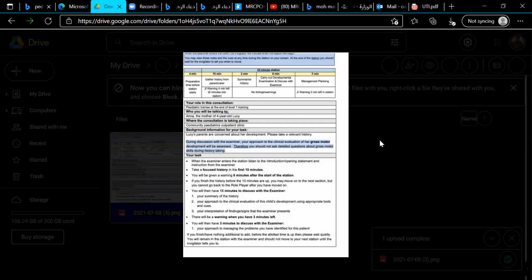Did you start it? Okay. Shall I read the scenario regarding Lucy? Yes, she is 4 years old. Your 4 minutes starts. Try to read it, and within 4 minutes you will read the scenario. Prepare yourself. Okay. Lucy, and did you see the photo?